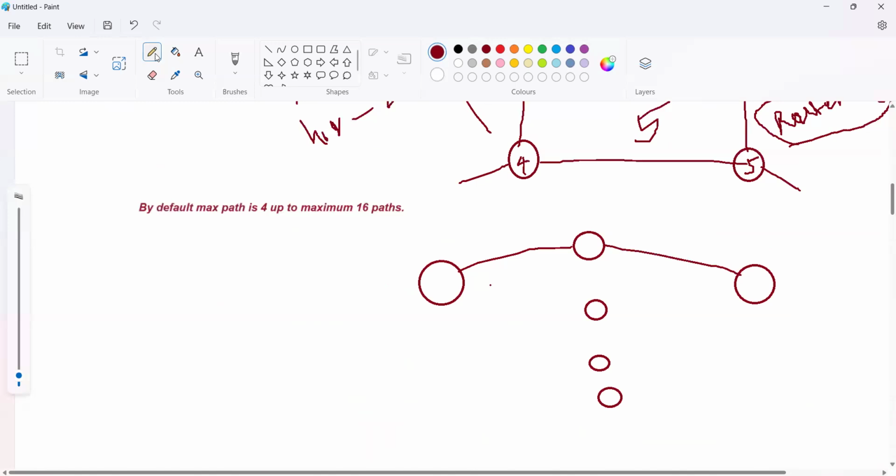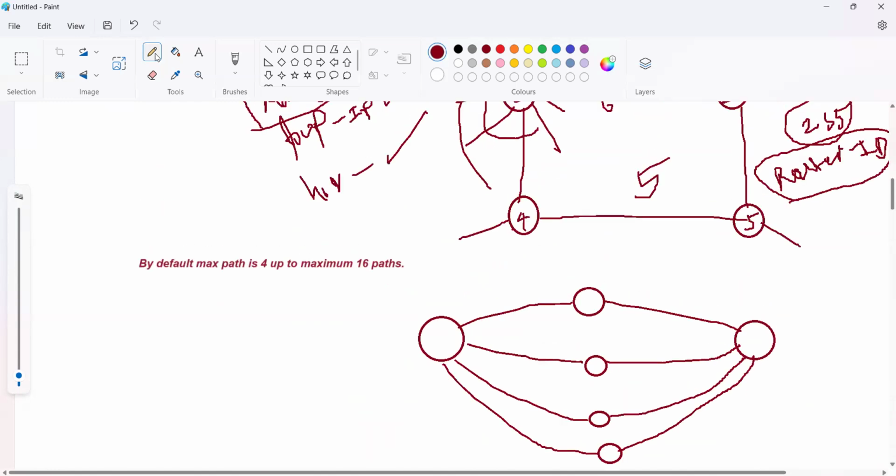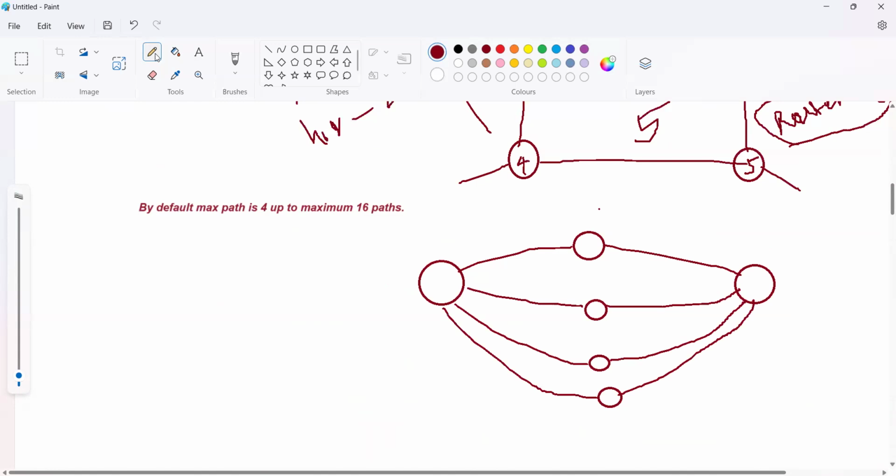So if both routers have the same priority, how can it select the designated router? By default, every router has priority 1 only. This router has priority one, and this router, and this one also. So priority is the same, one by default.